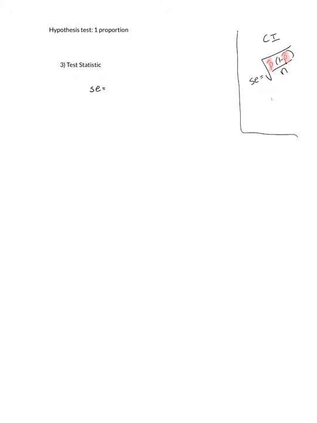That is, we're assuming that p naught is true, not p hat. We're assuming, once again, p naught is a better estimate of what's happening in the population than our sample is. For that reason, our formula for SE has the same form. The only difference is I replace p hat with p naught. And this is for hypothesis testing, while the one over here on this side is what we use for confidence intervals.